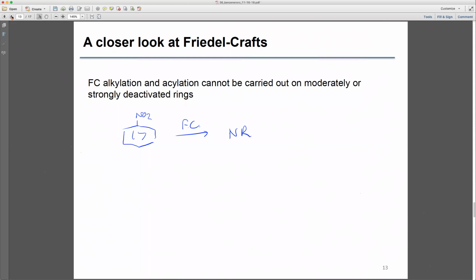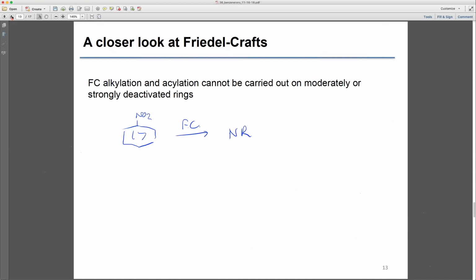So the only deactivated ring that it can work on is the halogenated ring. It is not deactivated enough, but essentially the idea here is that the carbocation intermediate isn't a particularly good electrophile compared to some of the other electrophiles that we're generating, the nitroso cation and the whatever you want to call the bromine or chlorine electrophiles that are generated with those Lewis acids, okay?